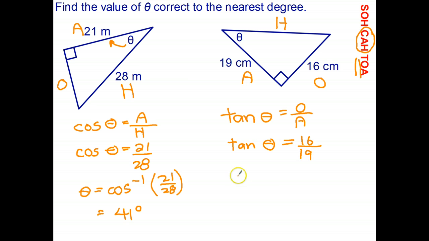Now we need to do the inverse operation to get the theta by itself, which again is called, not too surprisingly, inverse tangent. 16 over 19. And we now need our calculator.